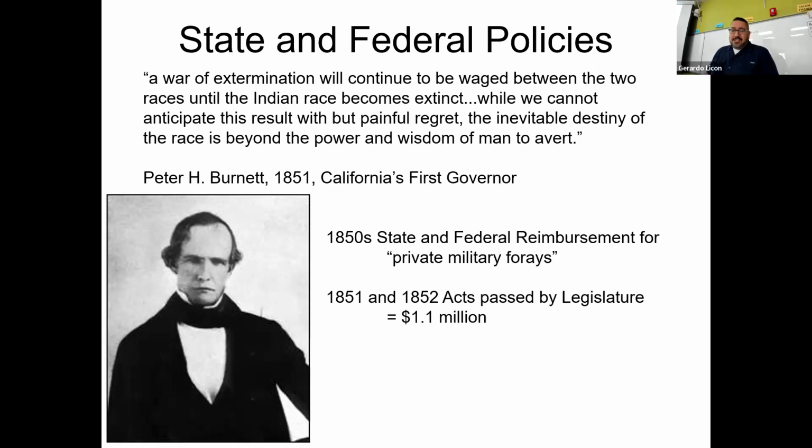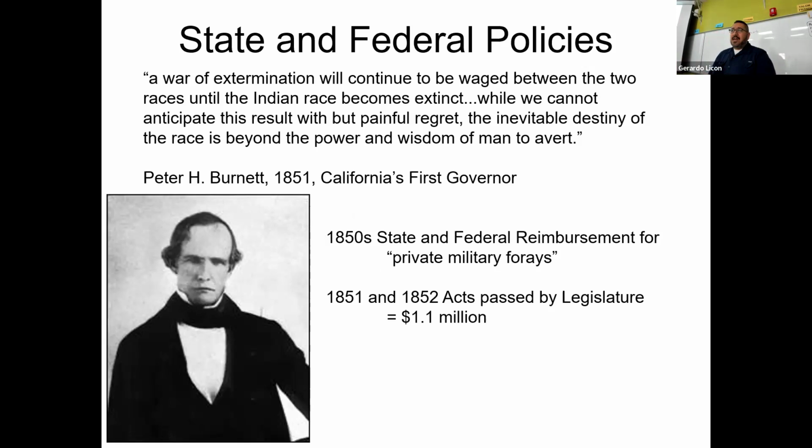And these vigilante groups who would organize themselves to punish Native Americans, it turns out that the state and the federal government would reimburse them for any expenses they incurred in the process of going out to kill Native Americans.